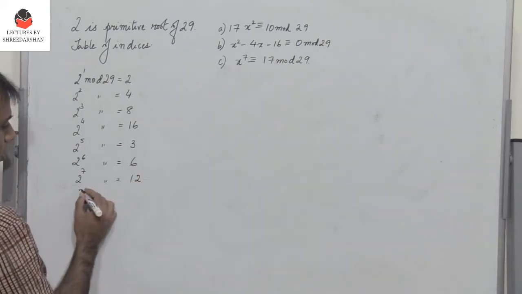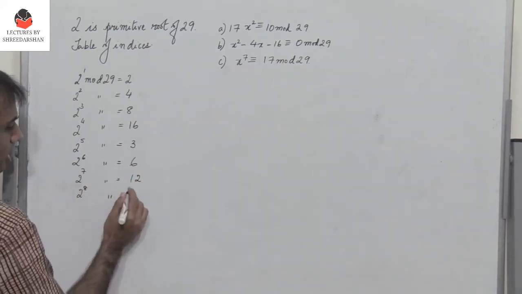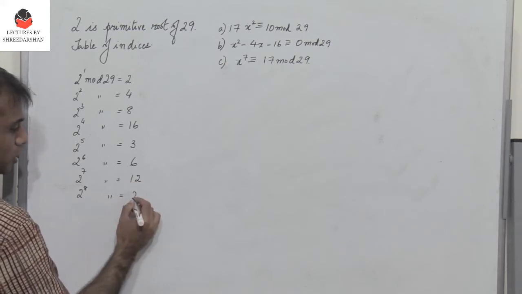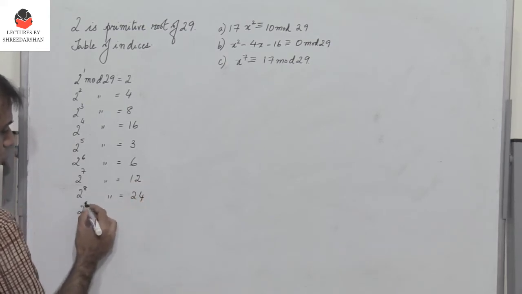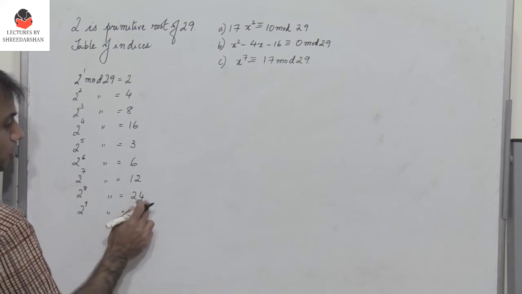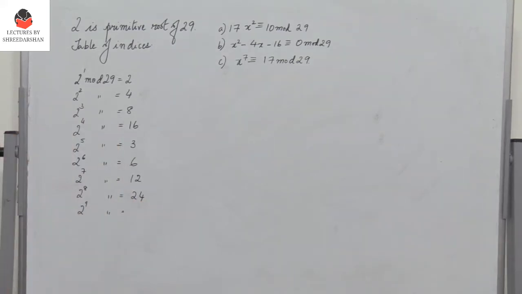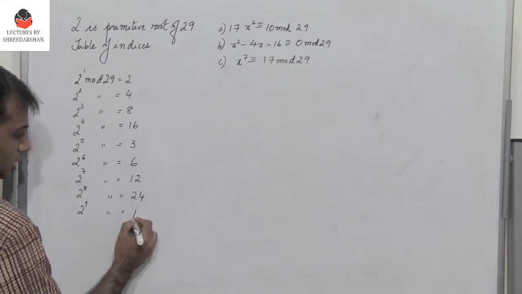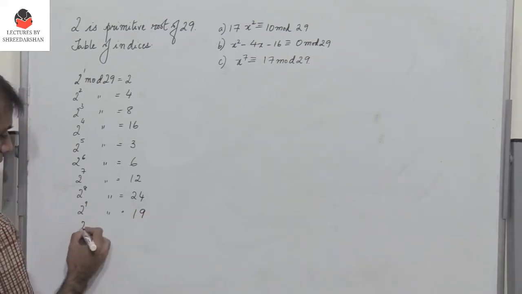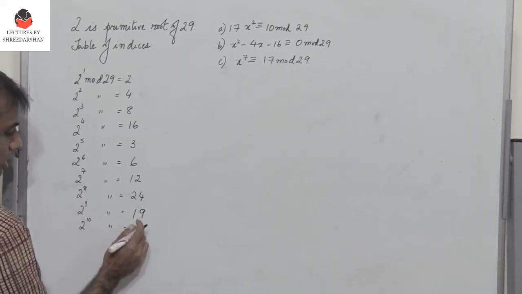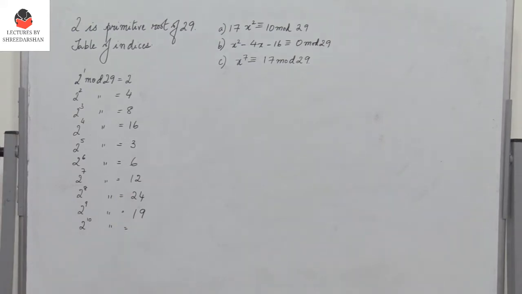It is 12. 2 power 8 is 2 into 12, which is 24. 2 power 9 is 48. Now it is greater than 29, so 48 minus 29 gives me 19. 2 power 10 is 19 into 2, which is 38. 38 minus 29 gives me 9.